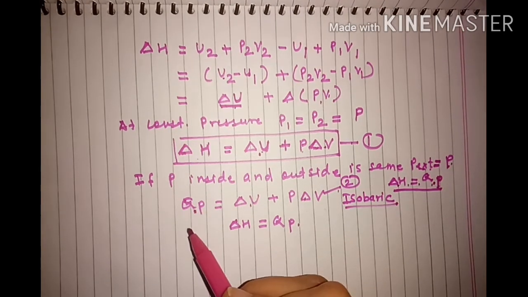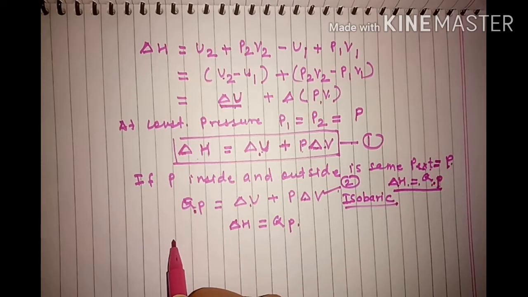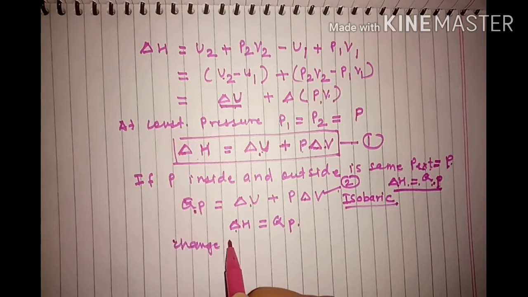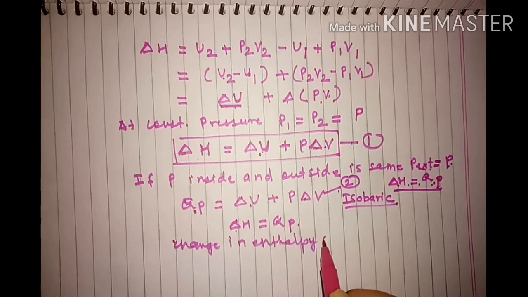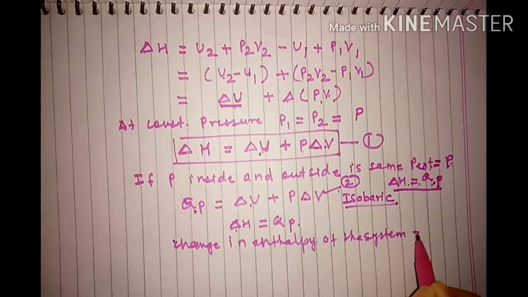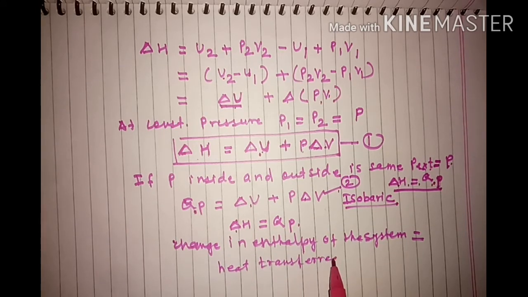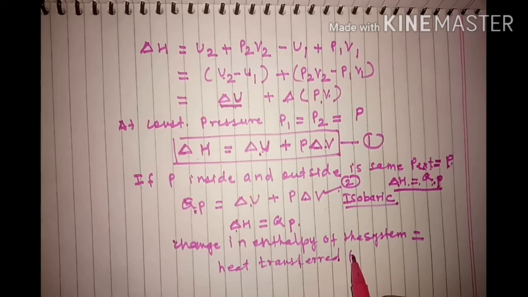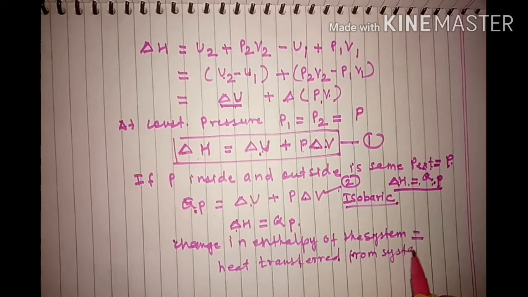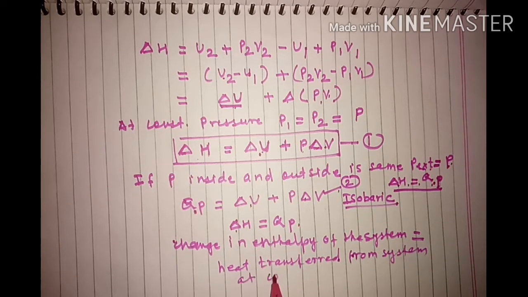So this is the change in enthalpy of the system. Change in enthalpy of the system will be equal to heat transferred from the system at constant pressure.